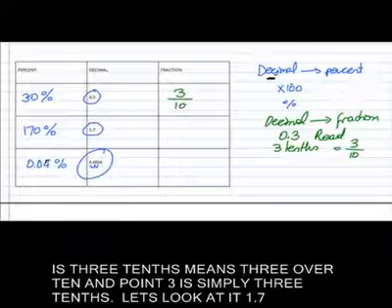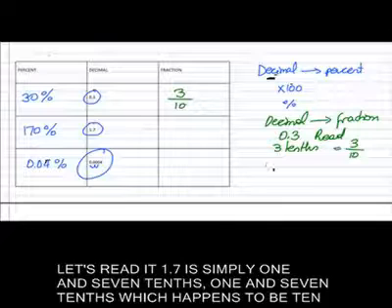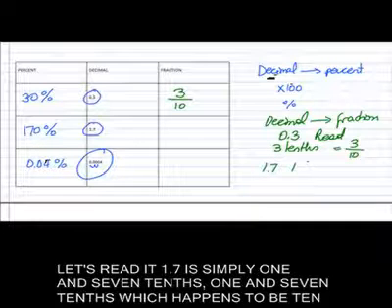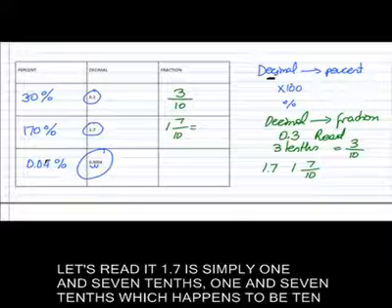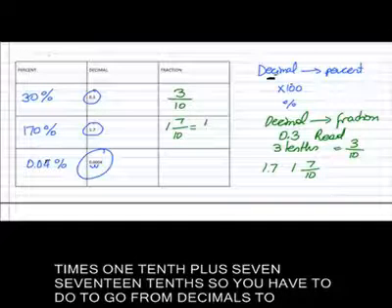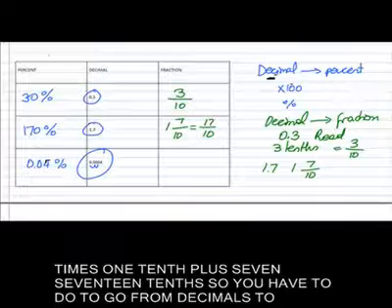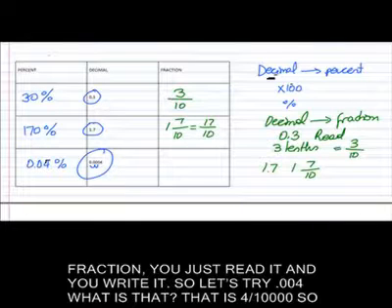Let's look at 1.7. Let's read it. 1.7 is simply 1 and 7/10, which happens to be 10 times 1, 10 plus 7, 17/10. So all you have to do to go from decimal to fraction is read it and write it.